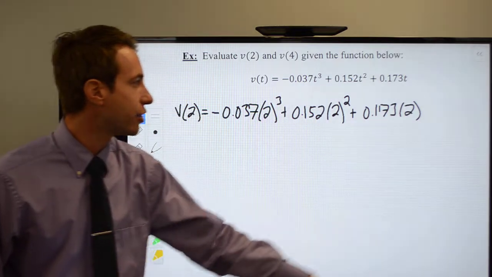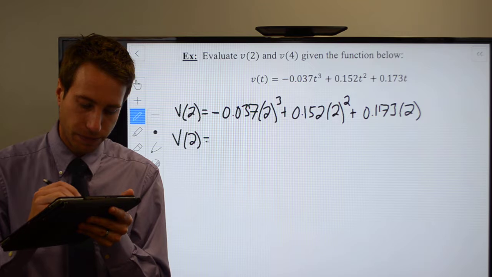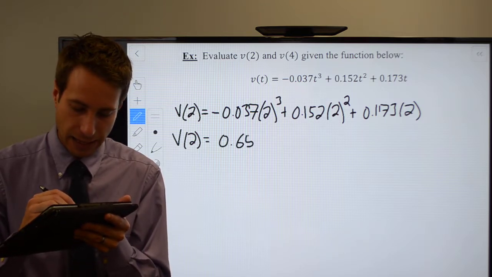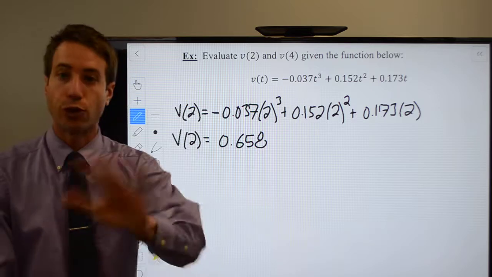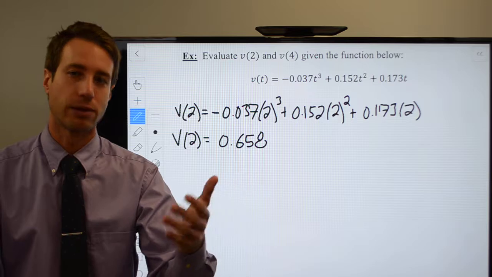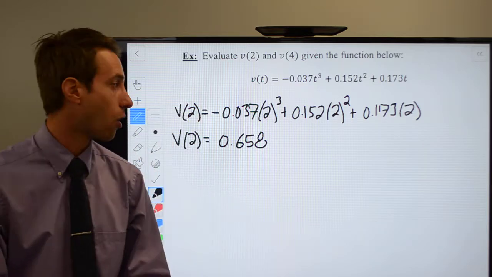Again, you can plug all that into your calculator, don't fat finger something, and you wind up with v of 2 being equal to 0.658. Again, shouldn't throw you off at all the fact that there are decimals in there. Decimals, fractions, you guys, it's Algebra 2. You can handle all that stuff.